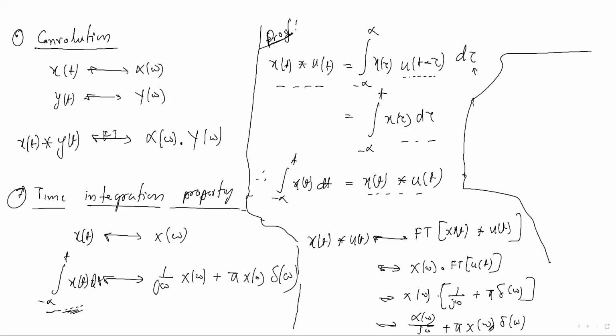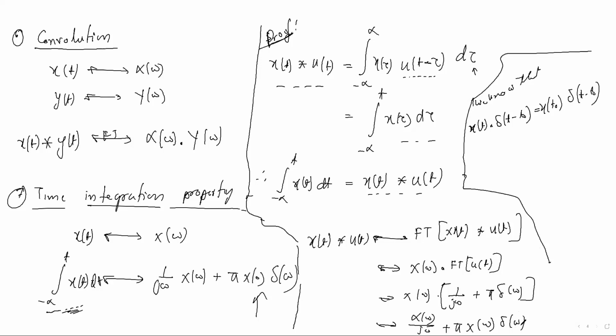If you see, here it is omega, but in the property there is 0. So we use another formula from the property of the impulse signal: if we multiply x of t with a shifted delta, the output will be x of t naught times delta of t minus t naught.